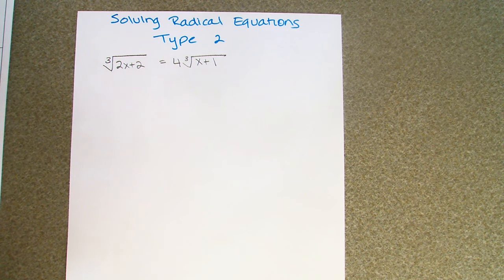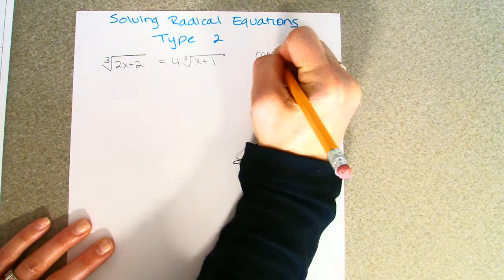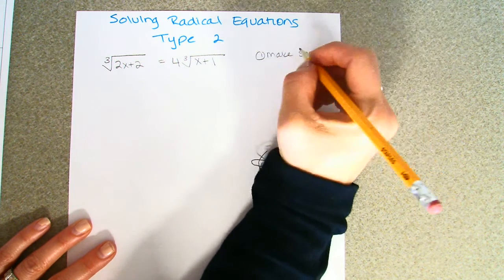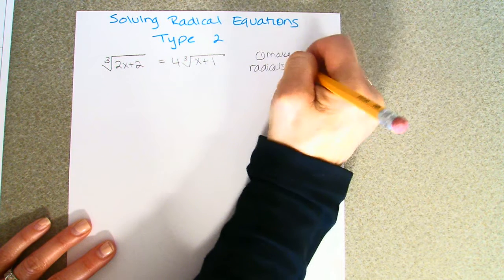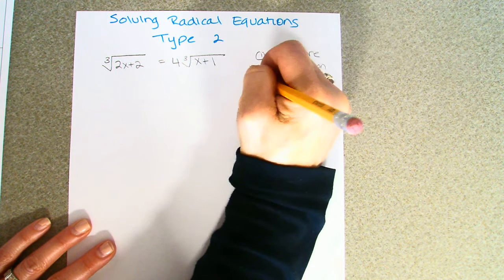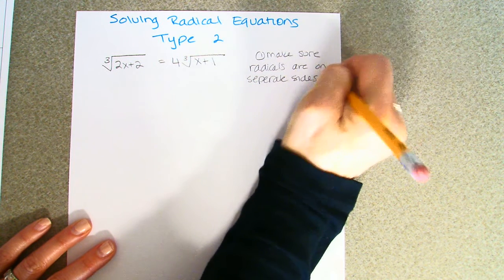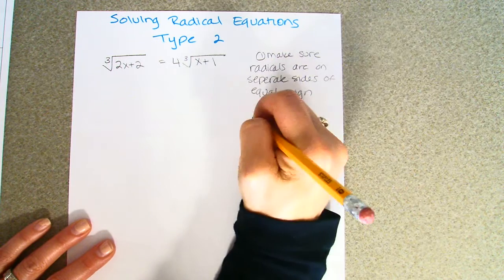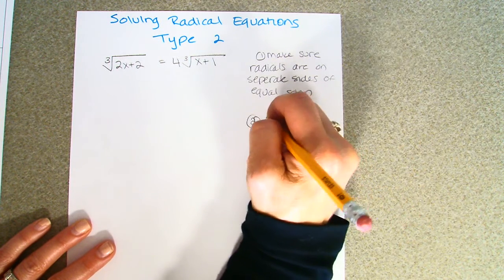All right, so the process for solving here is a little bit different than type 1. So after you make sure the radicals are on separate sides of the equal sign, we are going to eliminate the radical.